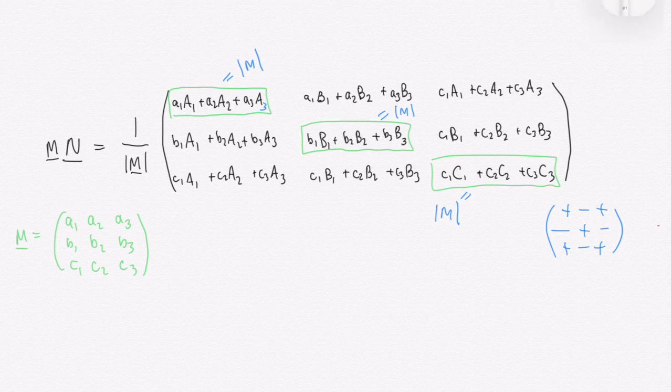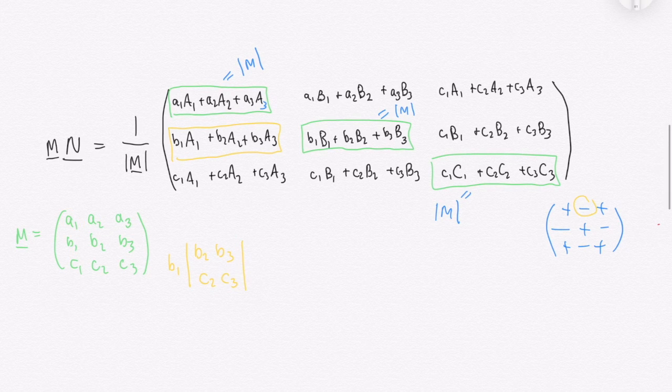Okay, so let's look at some other elements. And let's take this element here and think about what this is. So this is b1 multiplied by the cofactor A1. So let's think about what the cofactor A1 is: the determinant of the matrix b2, b3, c2, c3. And then we have b2 multiplied by the cofactor A2.